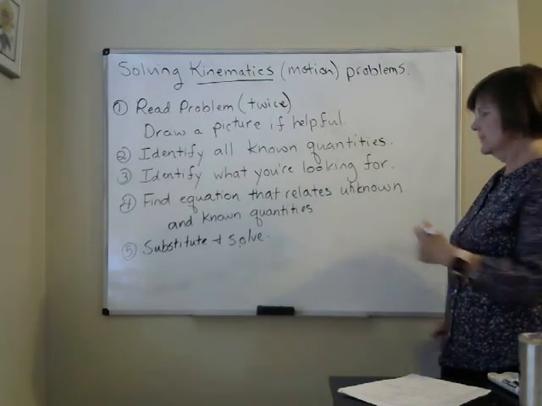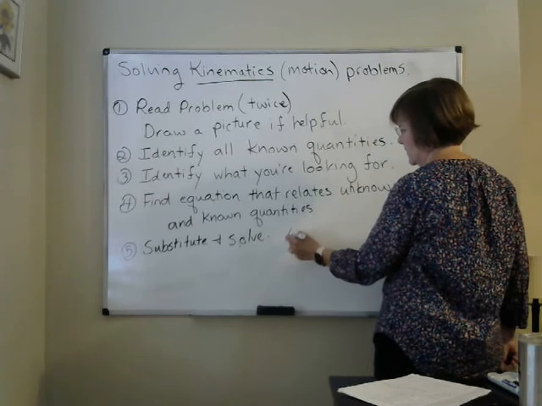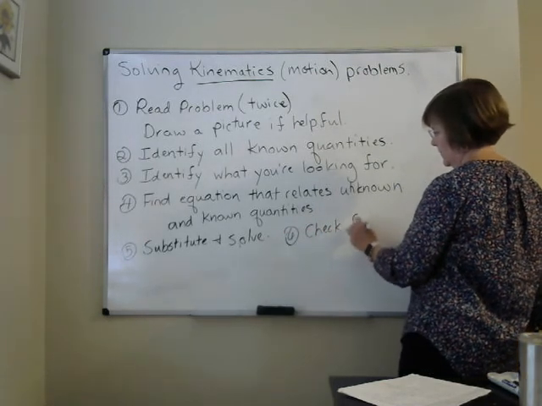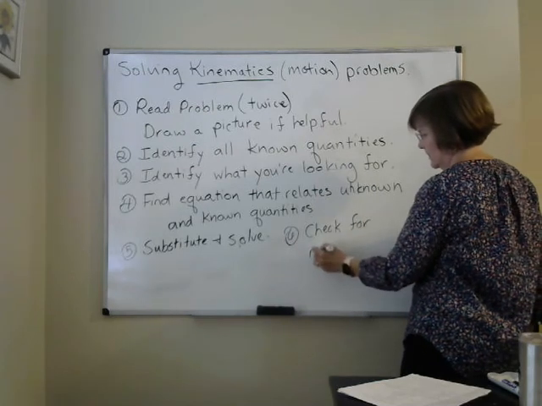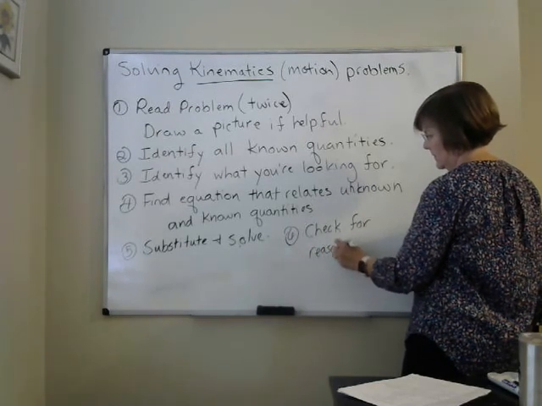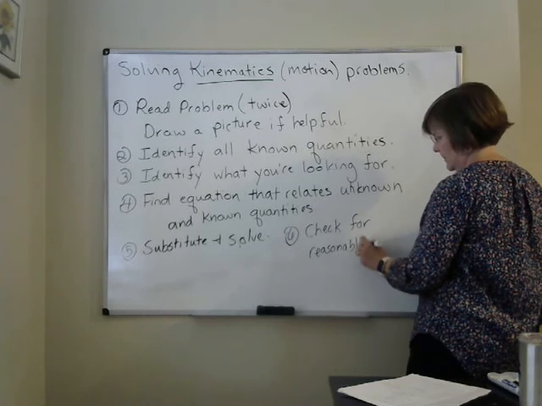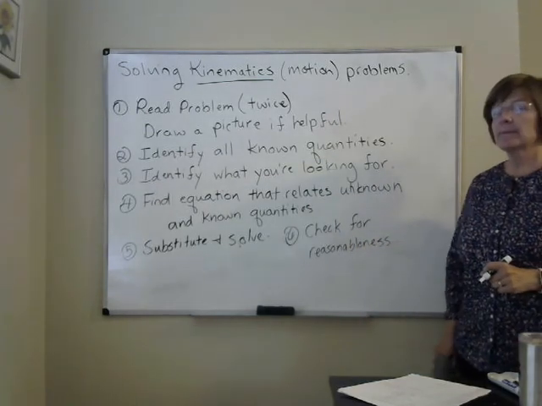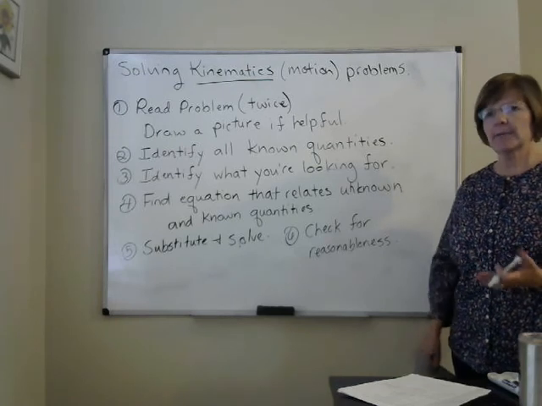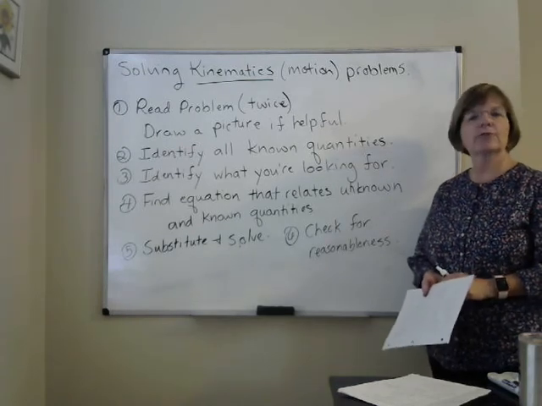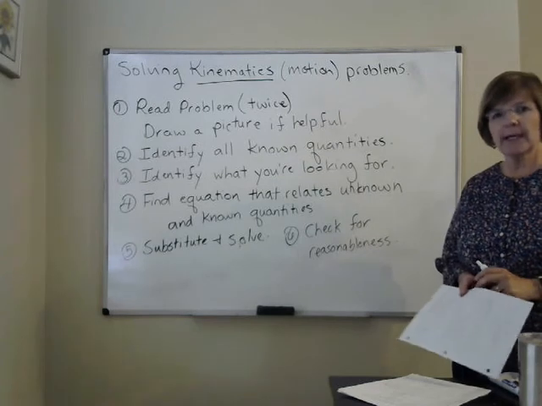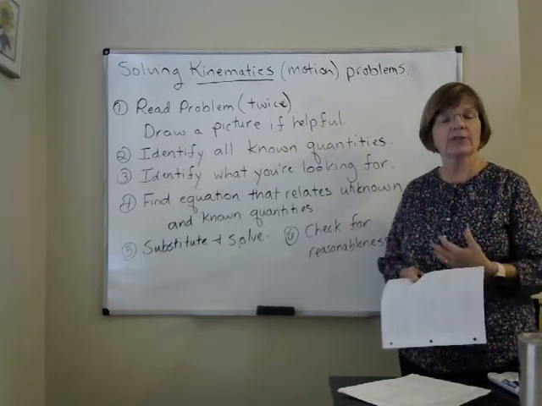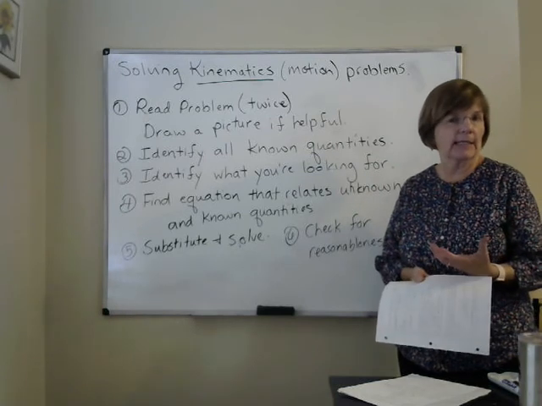Finally, here's the one people don't want to do. Check for reasonableness. Does the answer make sense? Sometimes I know in physics the numbers are so large or so small you're not sure if they make sense. But in that case, at least you can check order of magnitude and make sure that the math makes sense.